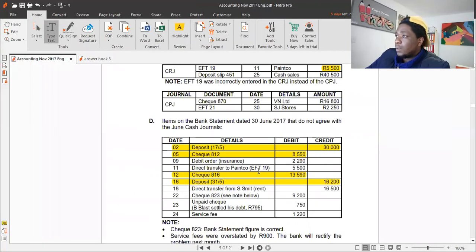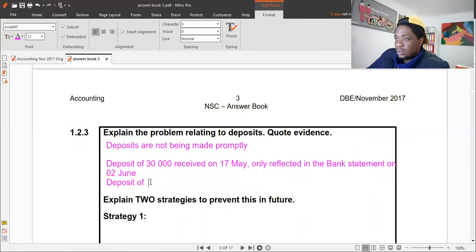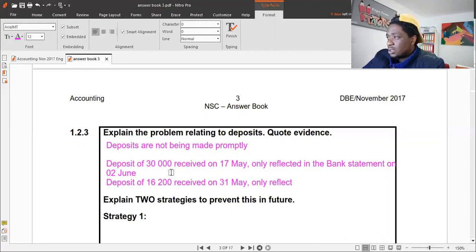And then the other deposit was 16,200. So the deposit of 16,200 received on 31 May, only reflected in the bank statement on 16 June.